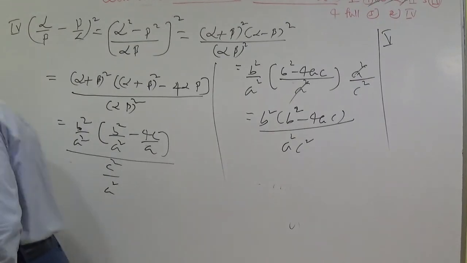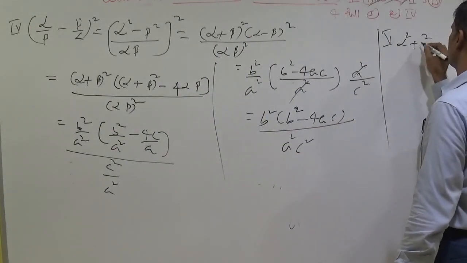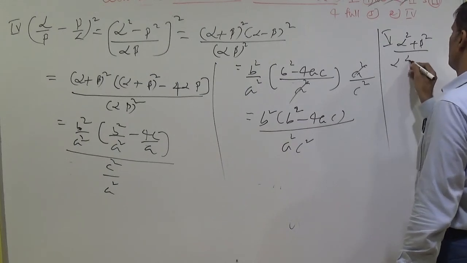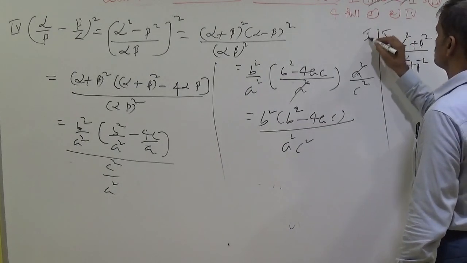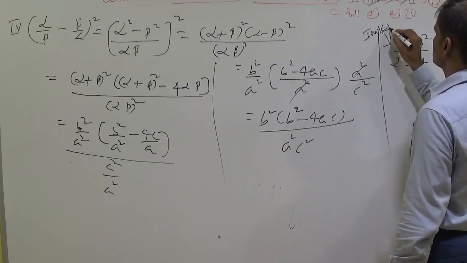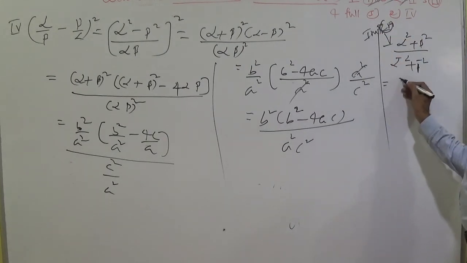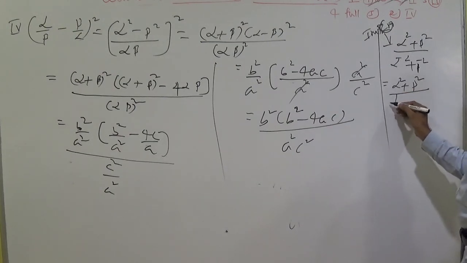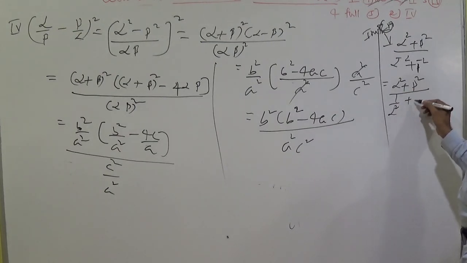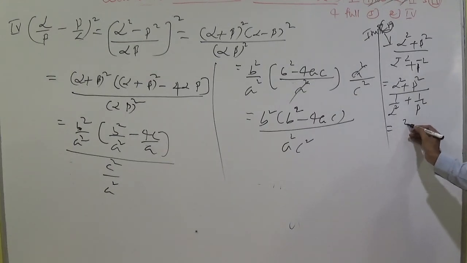Alpha square plus beta square by alpha power minus 2 plus beta power minus 2. This is only separate 2 marks IMP question. You can write here alpha square plus beta square by, this reciprocal you can understand as 1 by alpha square plus 1 by beta square.